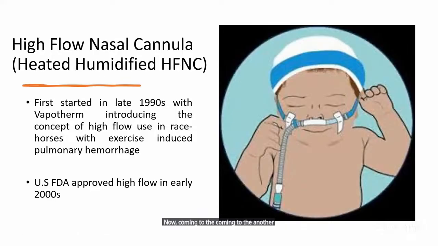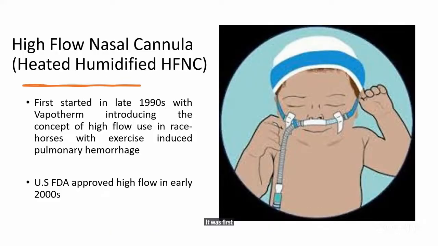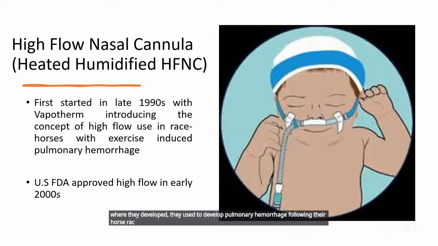Now coming to another device system that is very commonly used nowadays, known as HFNC, the heated humidified high flow nasal cannula. It was first used in the 1990s in race horses, which used to develop pulmonary hemorrhage following horse racing, and it was found quite effective.